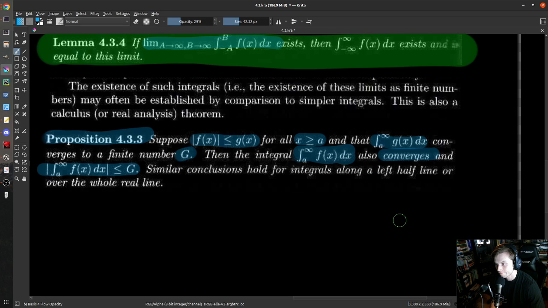And you can do the exact same thing for integrals along the left half line or over the whole real line and so on, right? So basically, if you can compare it, say, hey, this guy in absolute value is smaller than something, and if I integrate that guy on the same improper domain, then that exists. So if I integrate this guy, that exists. Basically, just because integrals, remember, definite integrals at least, measure areas.